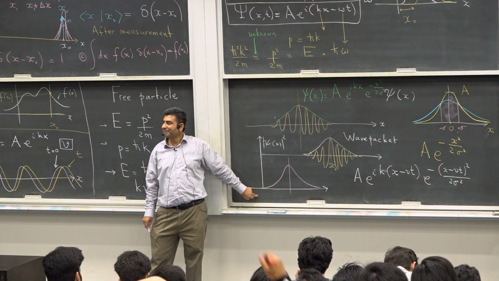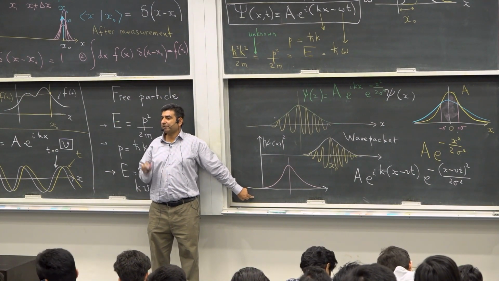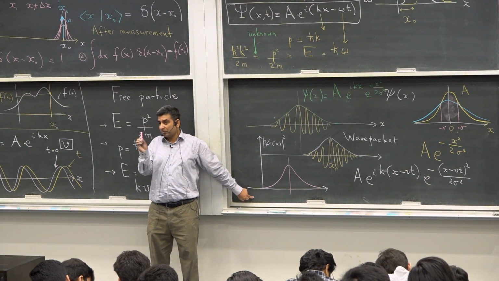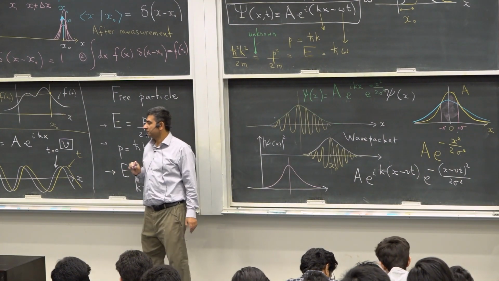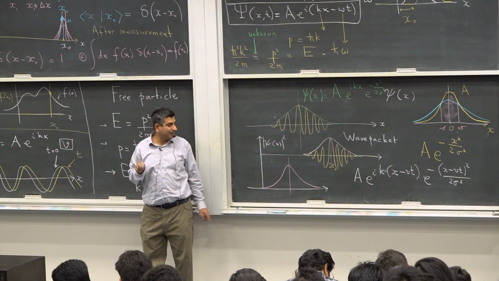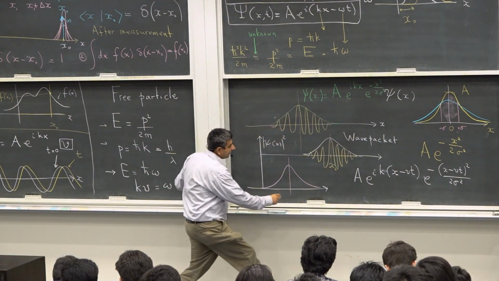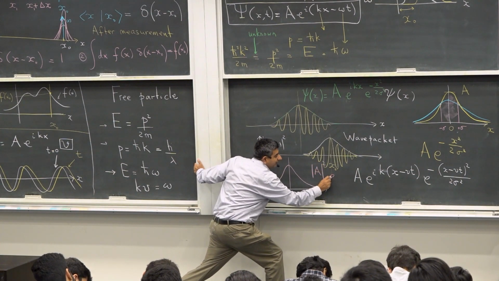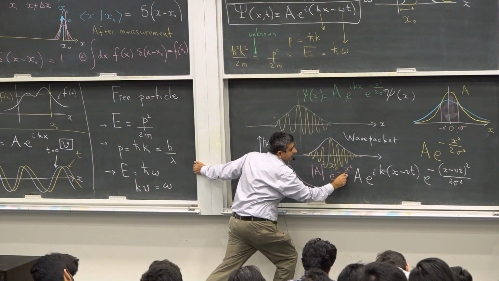Got it? So this is for a wave packet, the probability density function. All of this oscillation is washed out because it's complex. You take the modulus square, it goes to 1. This function is the modulus square of this. It's going to be A squared e^{-x^2 / sigma^2}, the square of this being minus x square over sigma square.